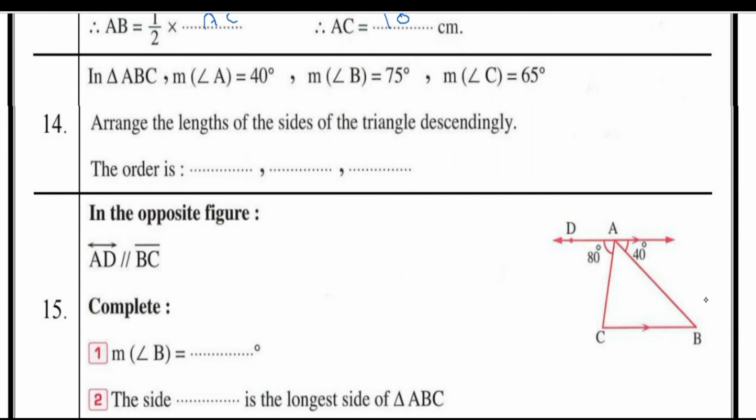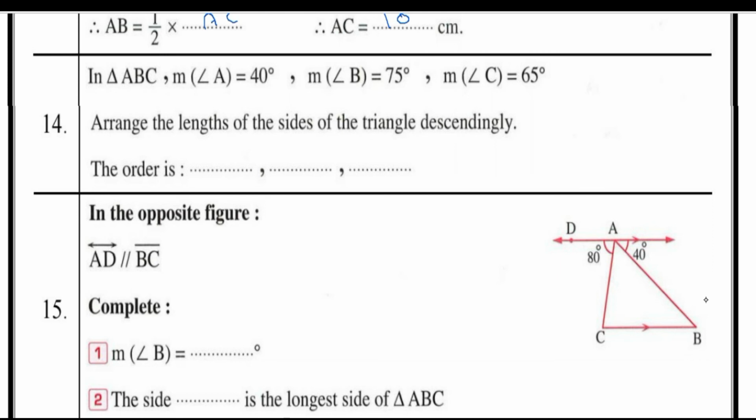In triangle ABC, measure of A is 40, measure of B is 75, measure of C is 65. Arrange the lengths of the sides of the triangle descendingly. It means we must order the angles in descending order.